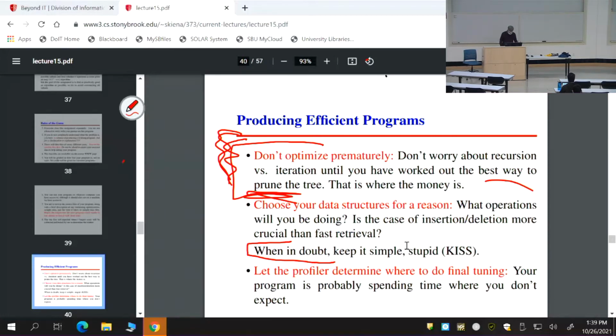Finally, the last bit of advice that I will give you is, once you have your program pruning done as best as you can, okay, what I'm going to want you to do is, there are tools available for your favorite programming language called profilers. And these are tools that, given a program, and you run a run of the program, will count up how much time the program spent in every line of code that you have.